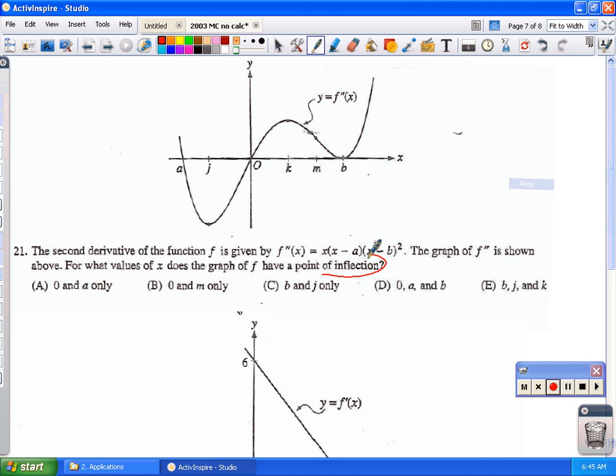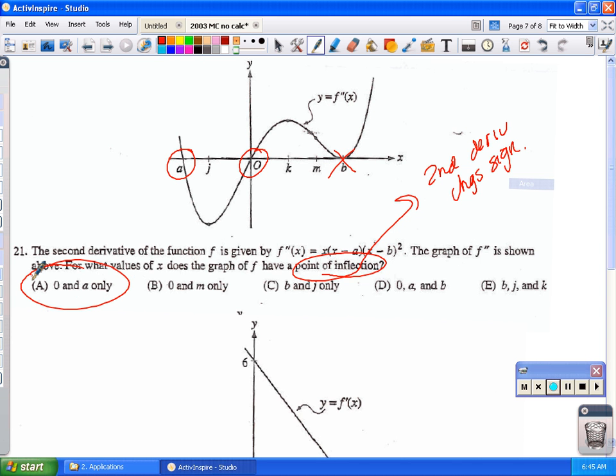Not just touches, but changes sign. So the second derivative changes signs at a, it changes sign at 0, but it only touches at b. It does not change signs. So the answer for number 21 is A, 0, and A only.